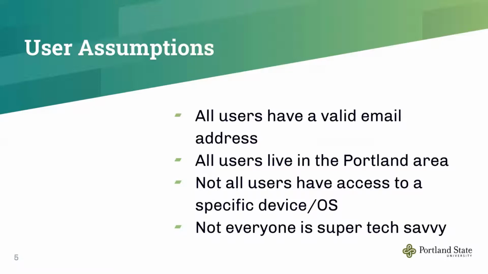To put that a little differently, we are not assuming that users will be using a specific type of device, such as iPhone or Android. We want to make sure that the app was mobile and cross-platform friendly, which is why we went with the progressive web app.